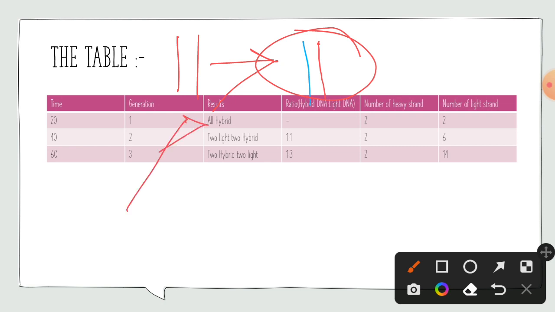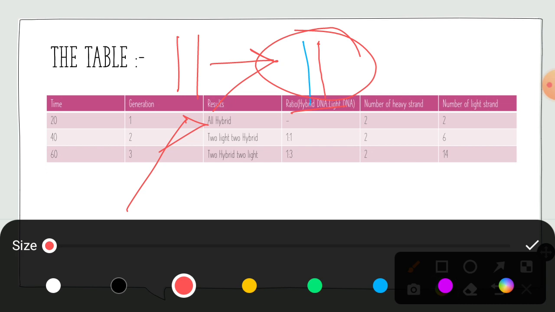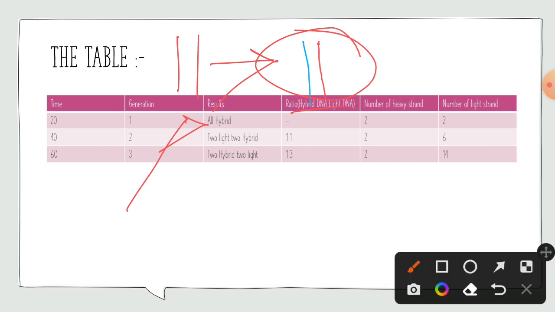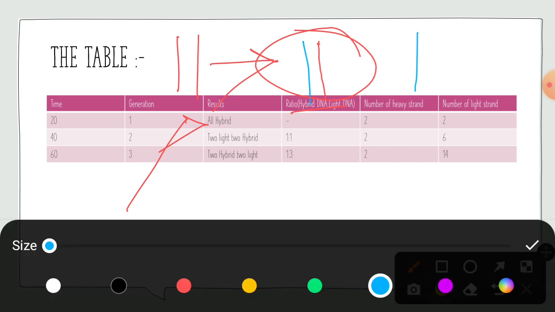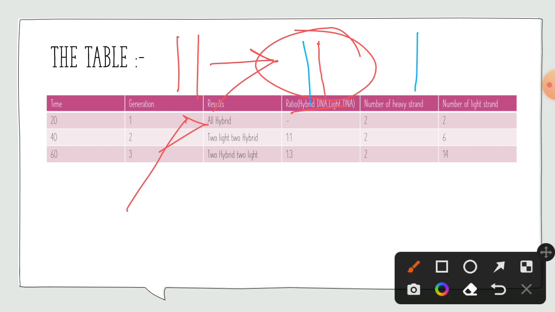So here we don't need to talk about the ratio. Now the number of heavy strands here will obviously be 2, because here we will get 2 DNA, right? And each has 1 newly synthesized strand and 1 parental strand.